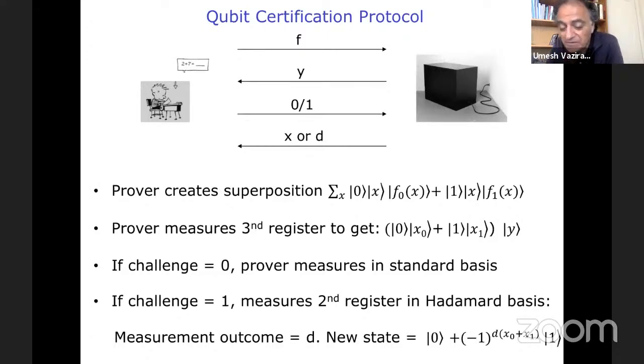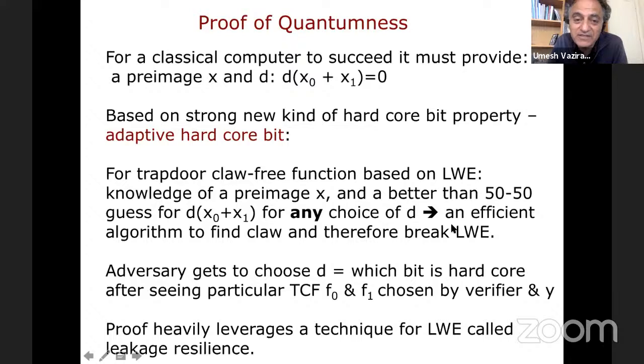If we do that, then we end up with the condition that D dot x0 plus x1 is equal to 0. So we'd actually get an equation.